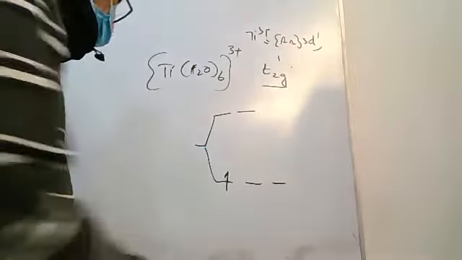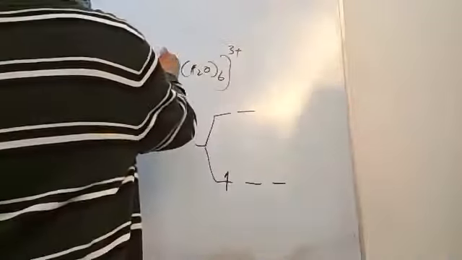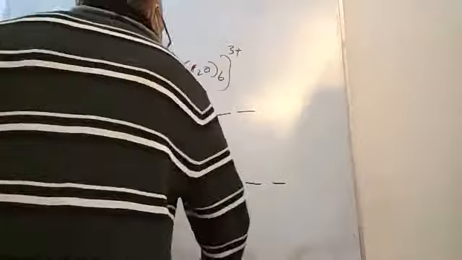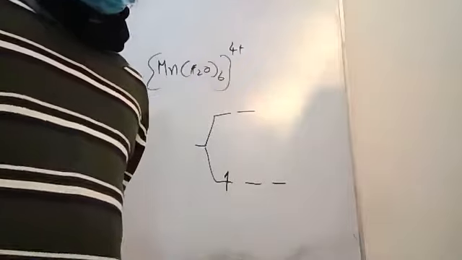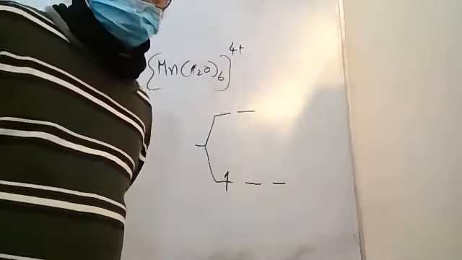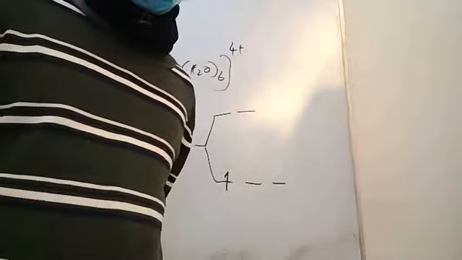Right. So let's look at another complex. Let's change this complex to manganese 4 plus. Hexaaqua manganese 4. Water is a neutral ligand, so the charge of manganese is 4 plus. What should be the electronic configuration of manganese 4 plus?